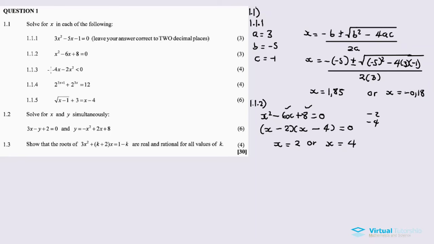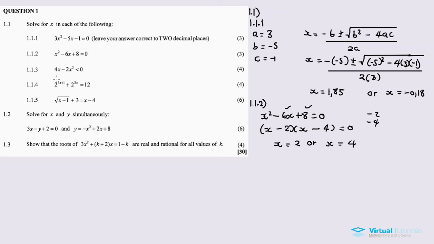So 4x minus 2x squared is a parabola, a quadratic expression. We want the x values that make this expression less than 0.